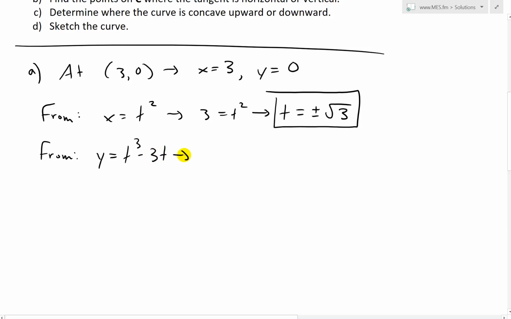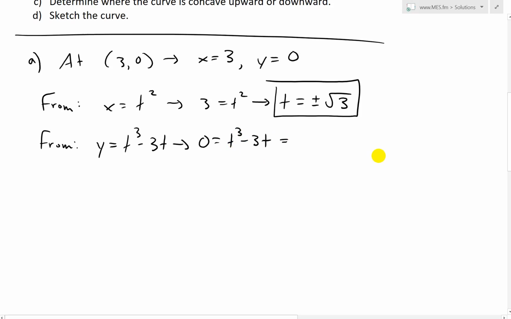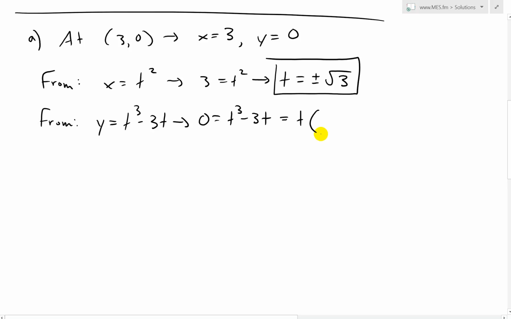If we plug in 0, we have 0 equals t cubed minus 3t, and now we can simplify this by taking out the t. So we have t times (t squared minus 3). The only way this is equal to 0 is either t equals 0, but t equals 0 does not match the x equation, where t can only equal plus or minus square root 3.